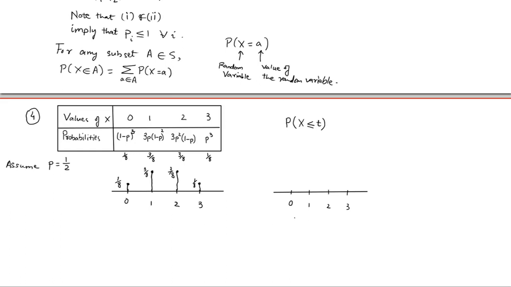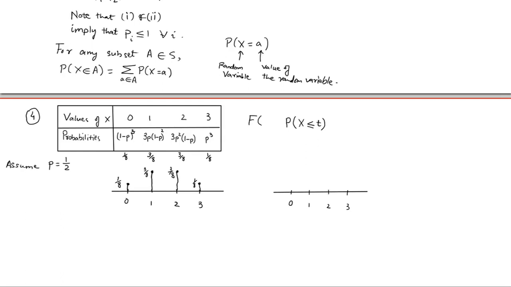When t equals 0, what is the value of the probability of x less than or equal to t? And let me define this as a function.